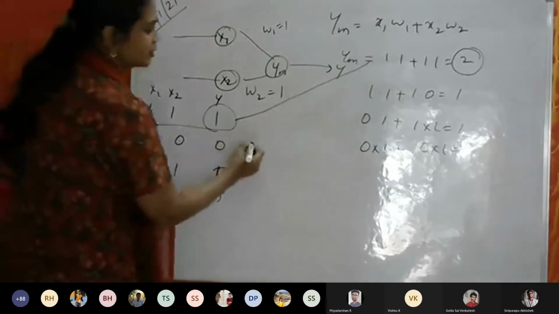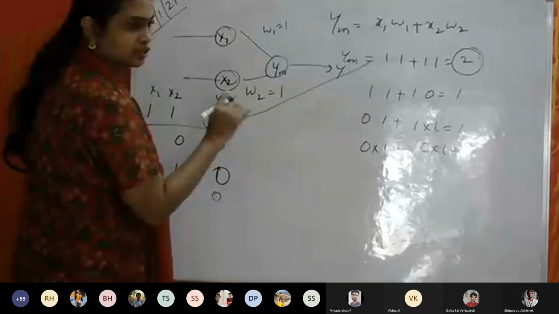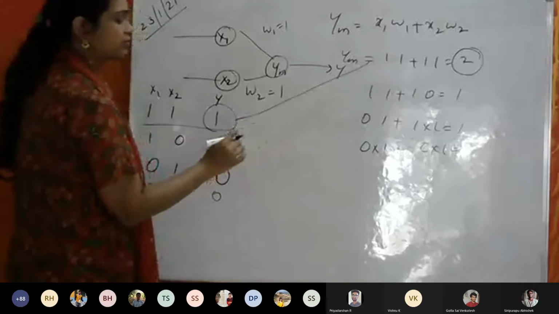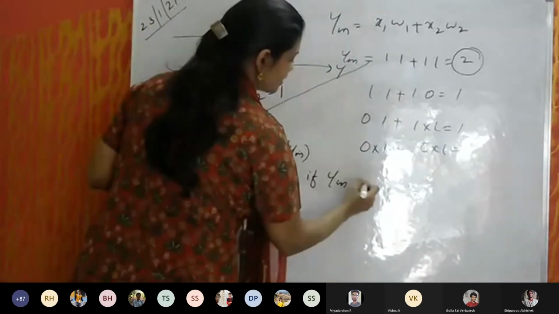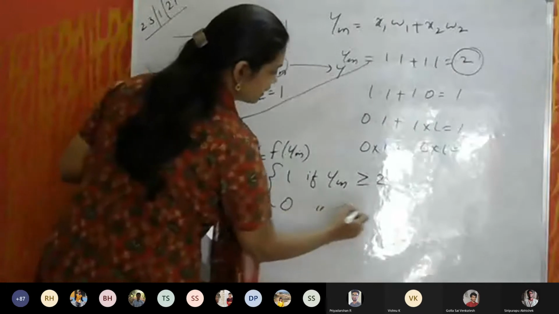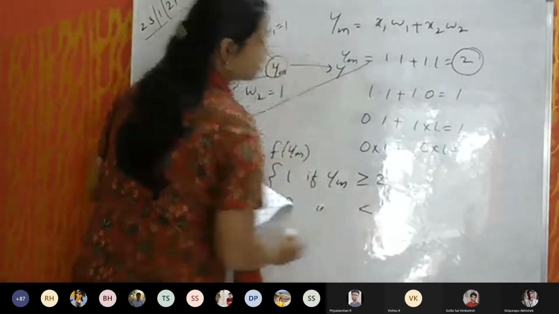So what we will do is use a simple threshold activation function. Y equals F of Y in, which is equal to 1 if Y in is greater than or equal to 2, and 0 if Y in is less than 2.